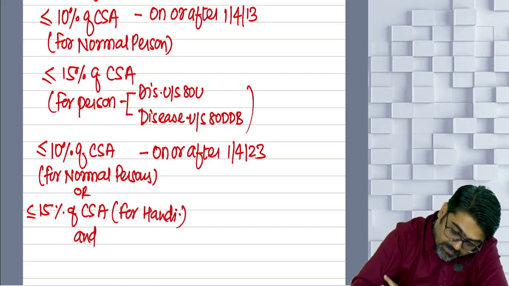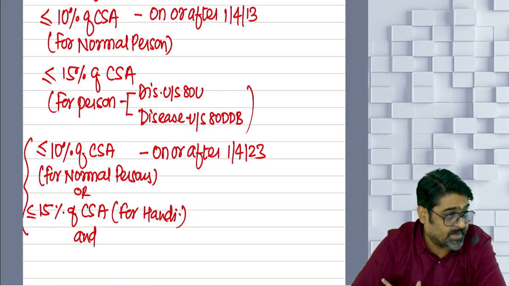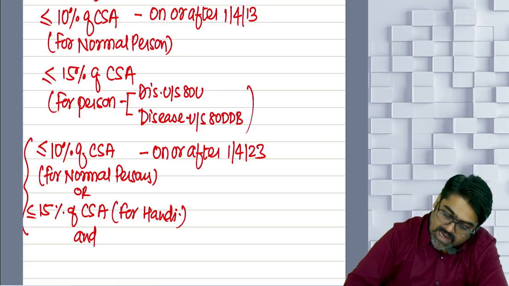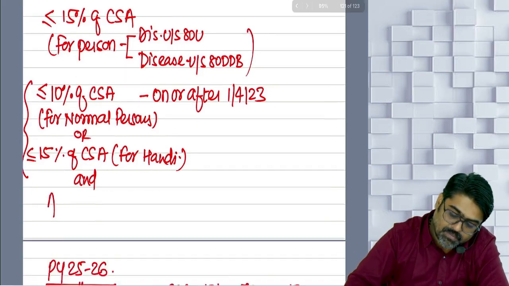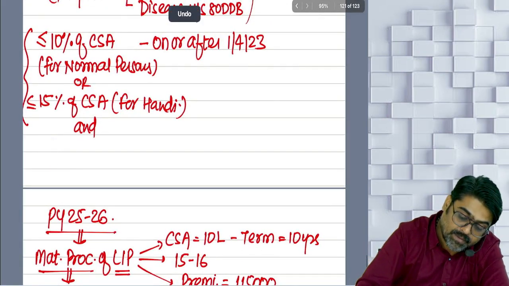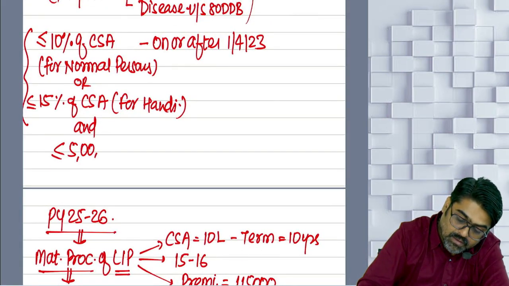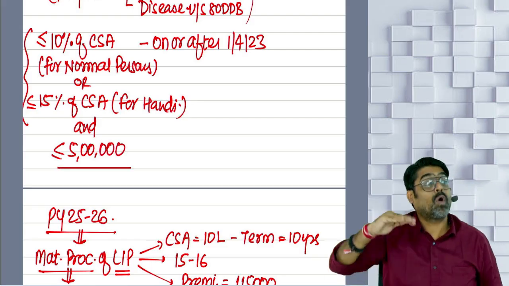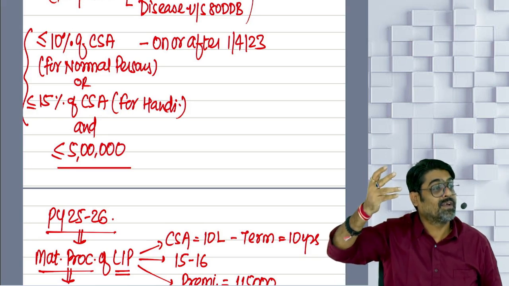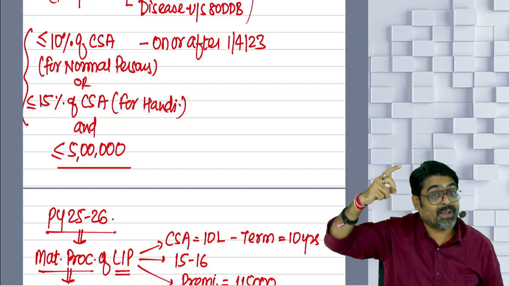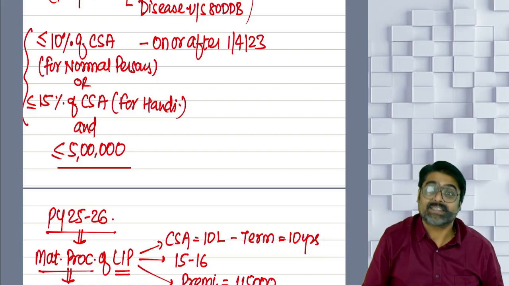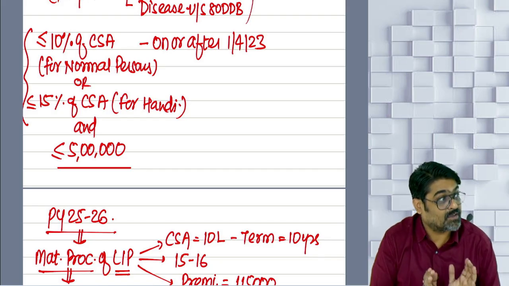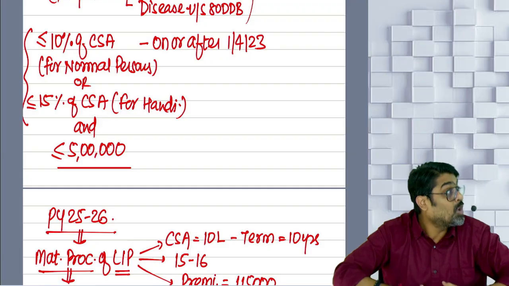And see, premium should be within the percentage limit. That is the first requirement. And now one more requirement is there. The annual premium should also be 5 lakh rupees or less. On all those big policies having an annual premium of more than 5 lakhs, the returns were limited returns, but in terms of money, the returns were huge.